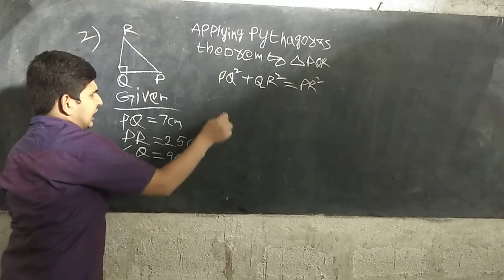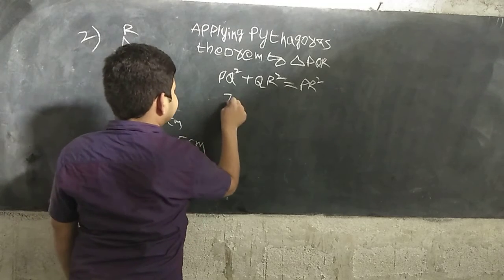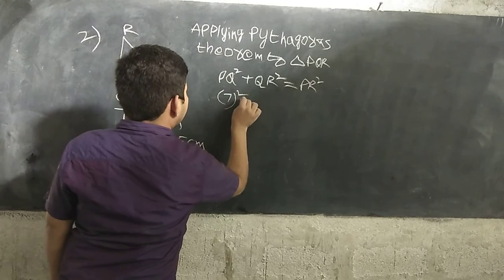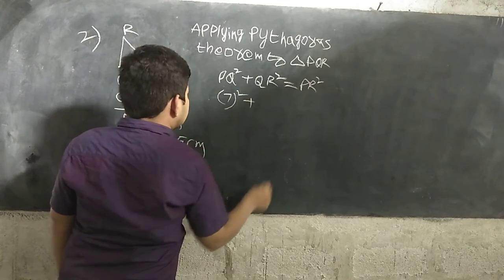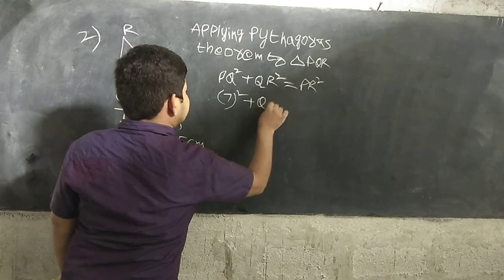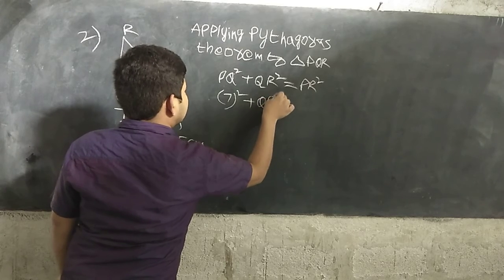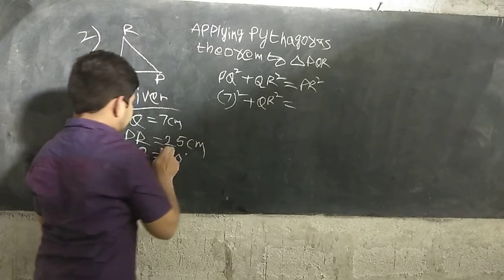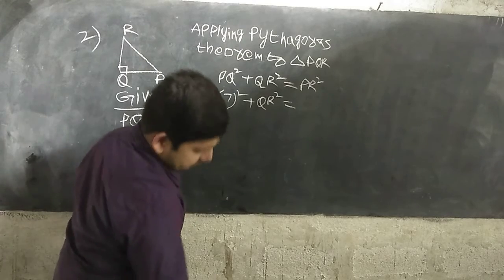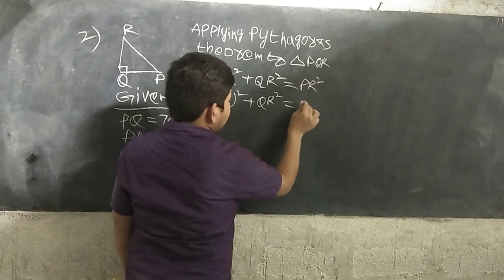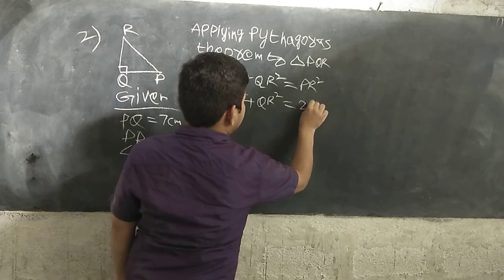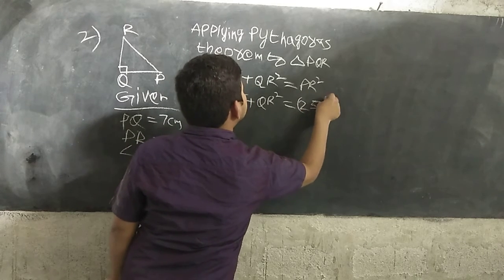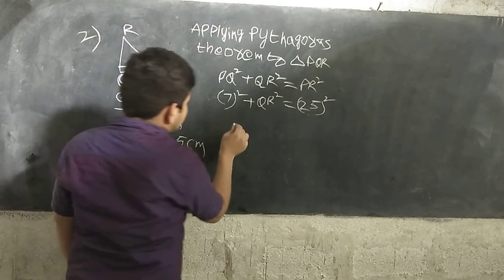So 7 square plus QR square equal to PR square. PR equal to what? 25, already given in the problem. So PR is 25 whole square. Now 7 square equal to what?